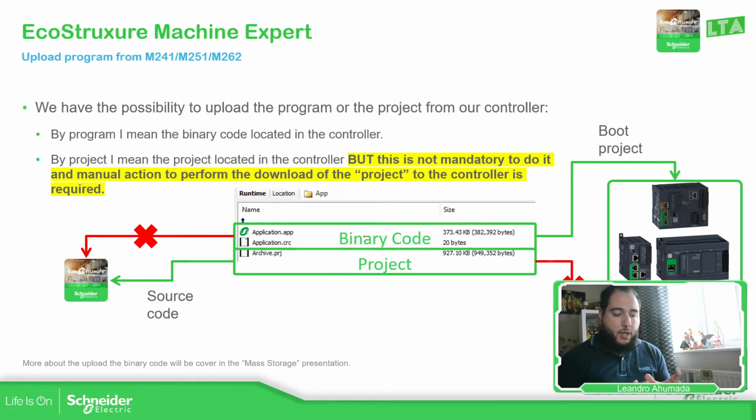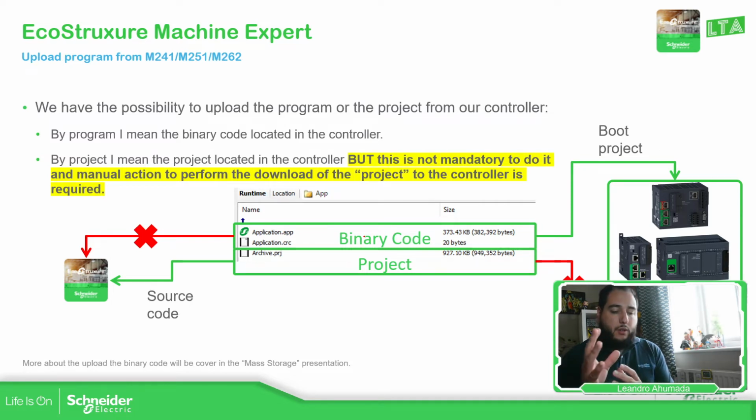The boot application is the application that is stored in the non-volatile area on the controller, and it will be transferred to the volatile area on the RAM when the PLC boots. If the PLC doesn't have this, the next time it is rebooted there is nothing inside, and the PLC is not going to do anything at all.